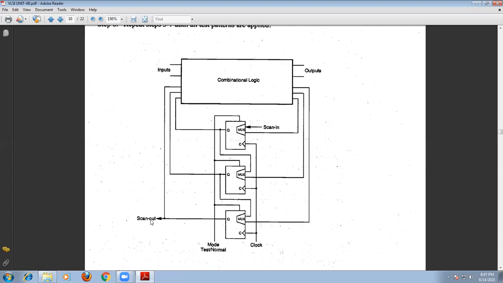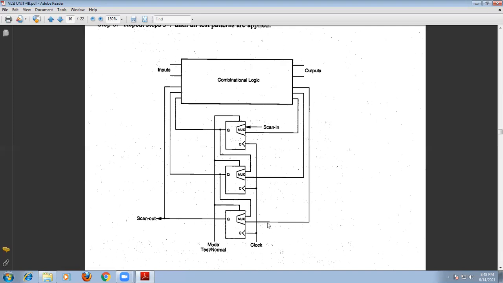In the test mode, we scan out the content of the registers, and at the same time the system is ready to scan in the next test pattern. Repeat the same process until all the patterns are applied.